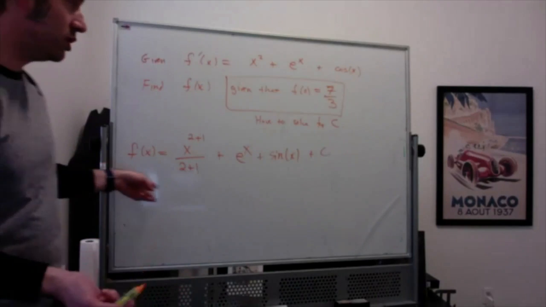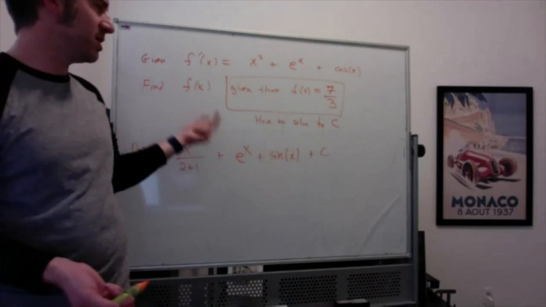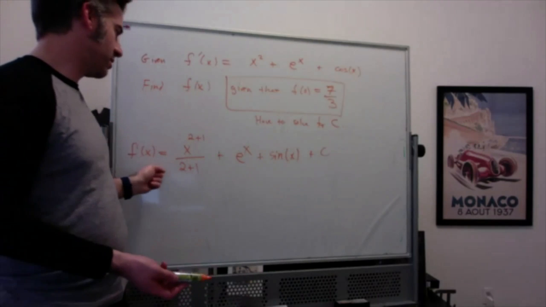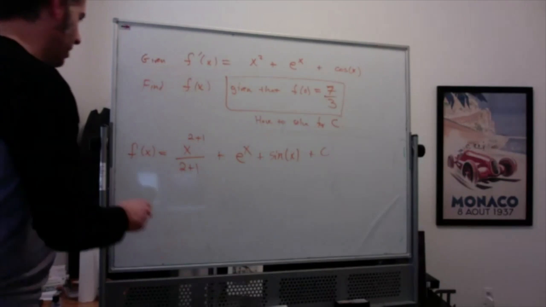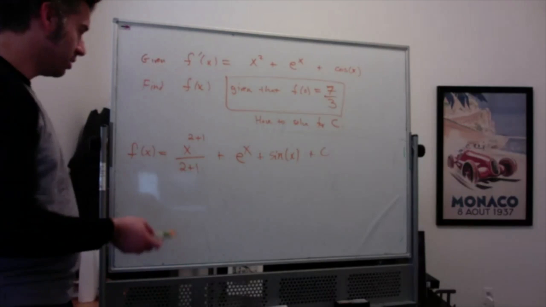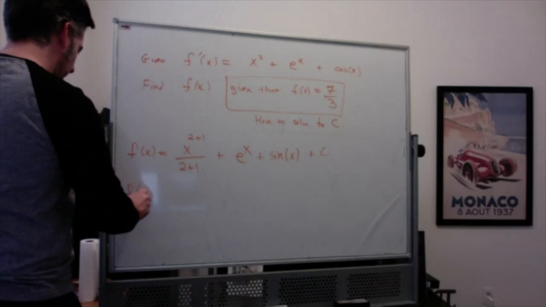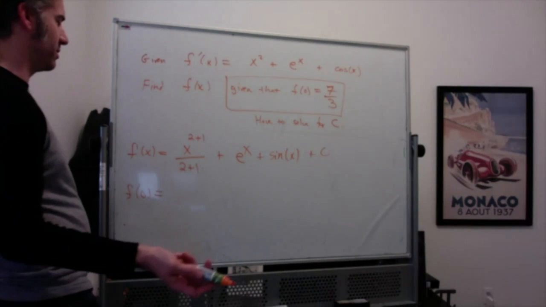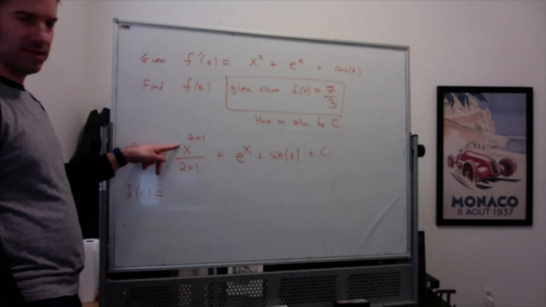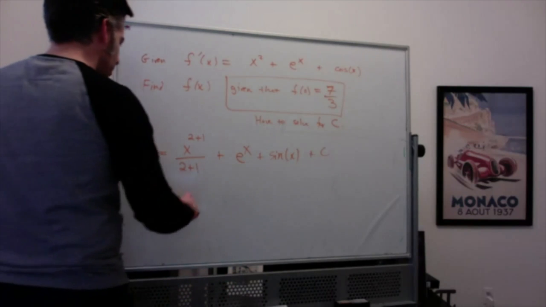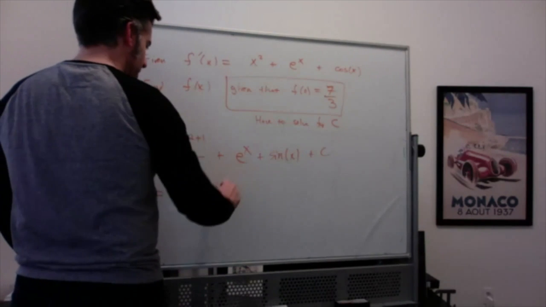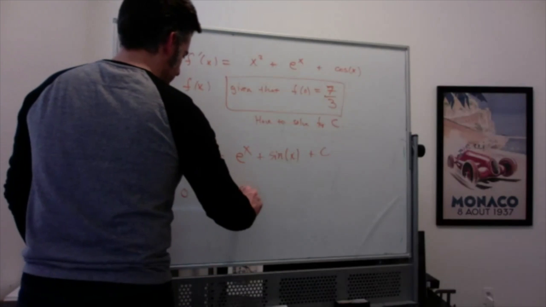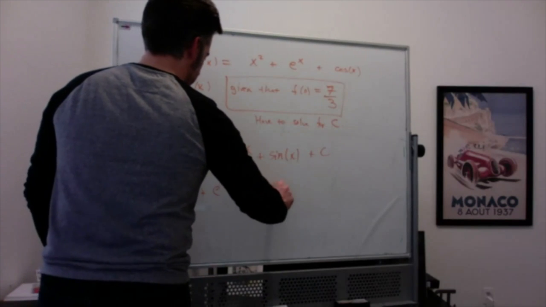After we find the general antiderivative, which is what it's usually called when you have the function with plus c, now I want to find the particular solution. So I'm going to plug in 0. f of 0 is 0 over 3 plus e to the 0, which is 1, plus sine of 0, which is 0, plus c.